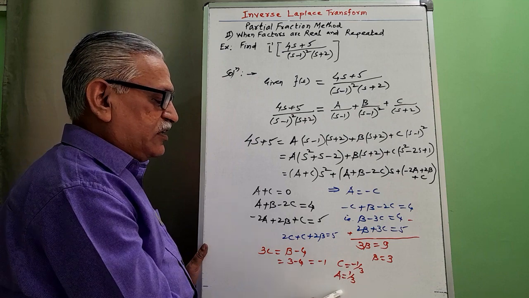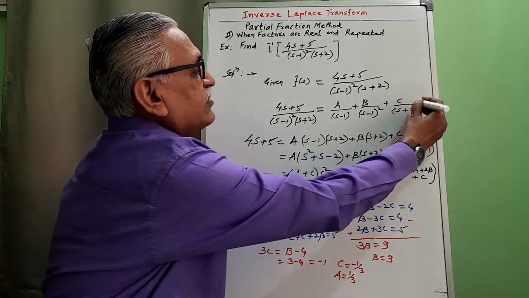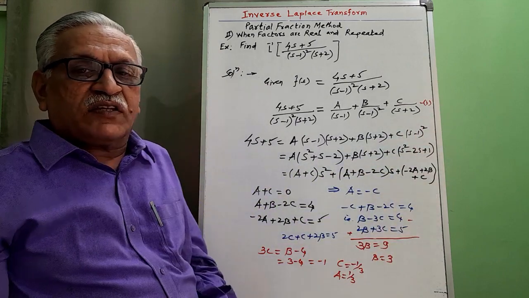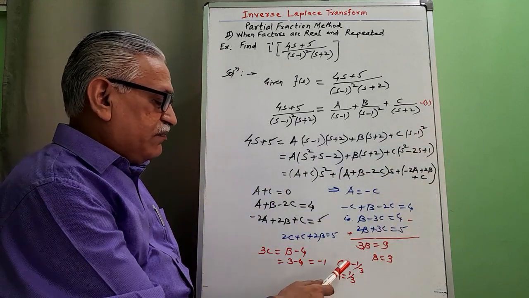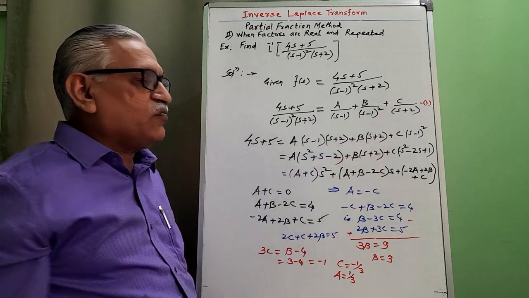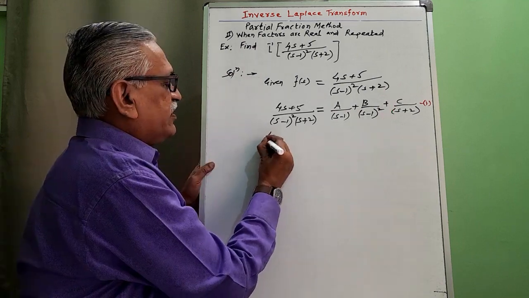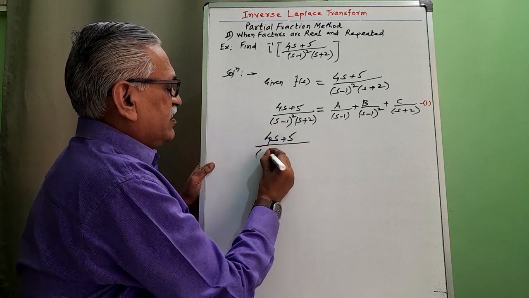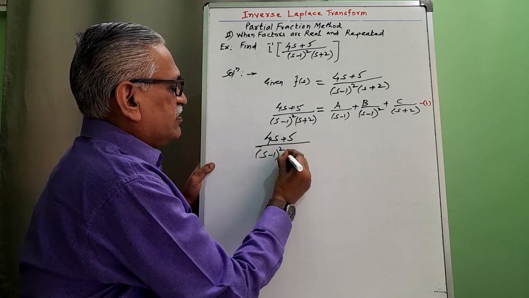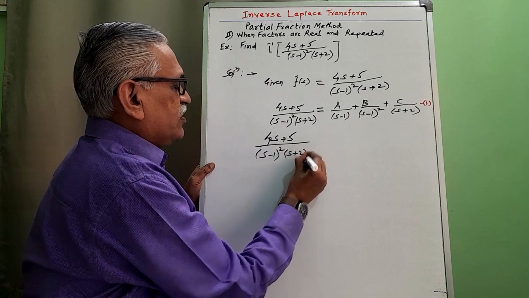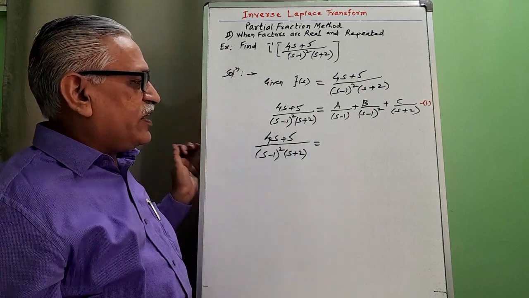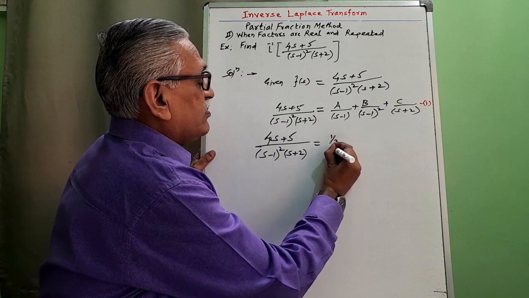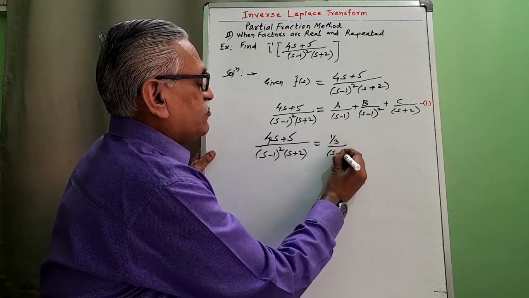Therefore, substitute this a, b, c in equation number, suppose we call this equation 1. Substituting values of a, b and c in equation 1. Equation 1 on the left hand side is 4s plus 5 whole divided by s minus 1 whole square into s plus 2, is equal to, the value of a is 1 by 3 divided by s minus 1.